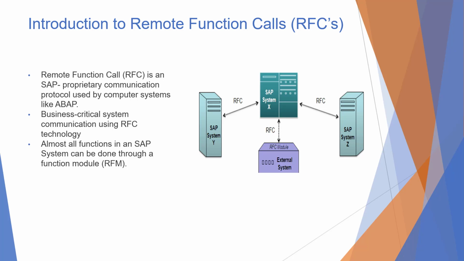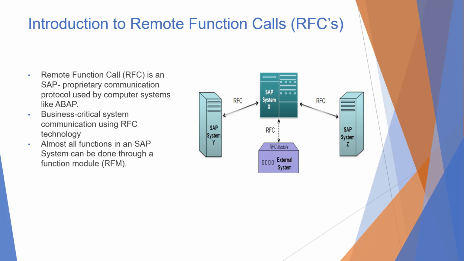RFC communication leverages remote function modules, or RFMs, to run programs on the target system. As shown on the slide, System Y can execute programs on System X and vice versa. Remote function modules are delivered by SAP, and they number in the tens of thousands, depending on which SAP system you're looking at.